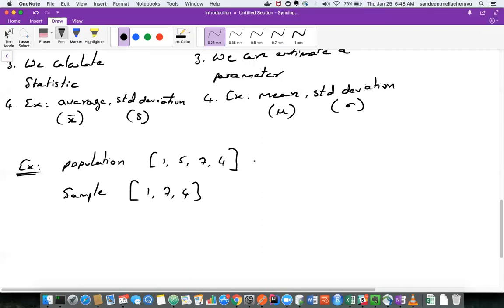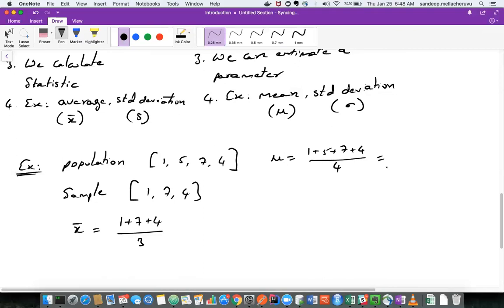So the sample statistic, which is X bar, is calculated as the sum divided by 3. And the population mu is actually this one.